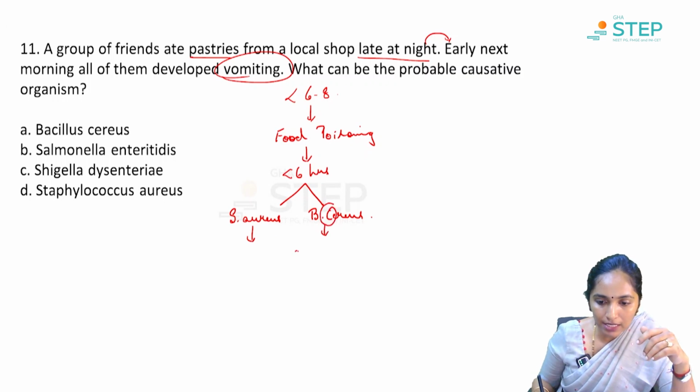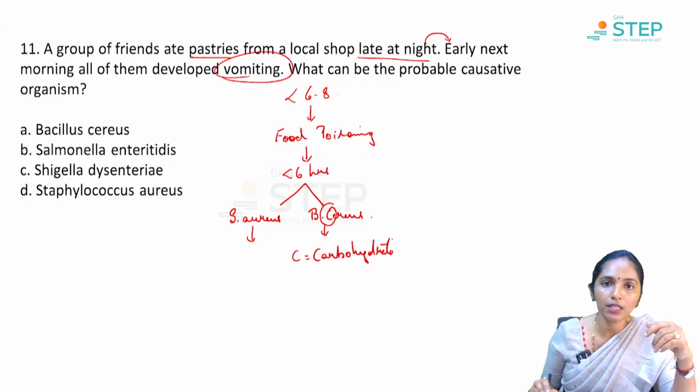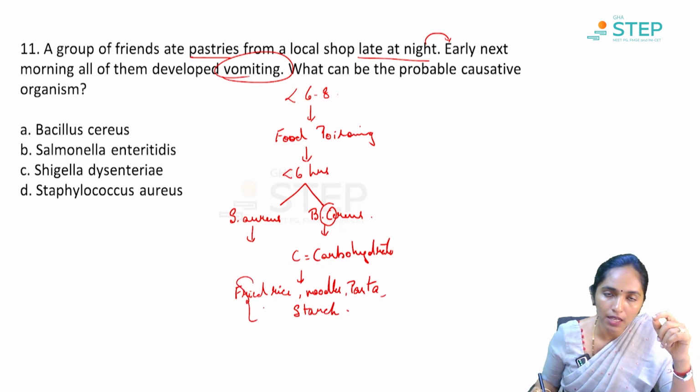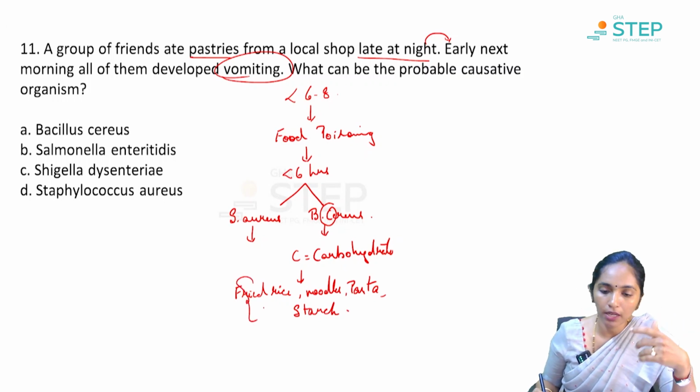Cereus, C is equal to carbohydrate rich food. That means you have fried rice, which is carbohydrate rich, or you have noodles, or pasta, or any starch rich food. These are the ones which give rise to Bacillus cereus, where you can have either vomiting or diarrhea.